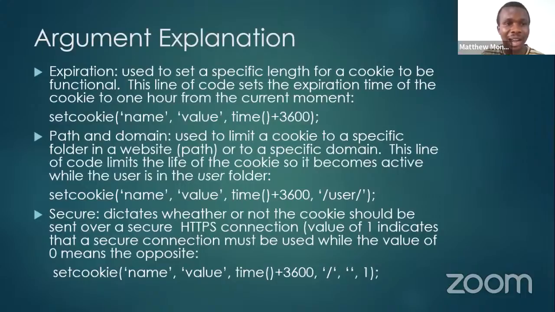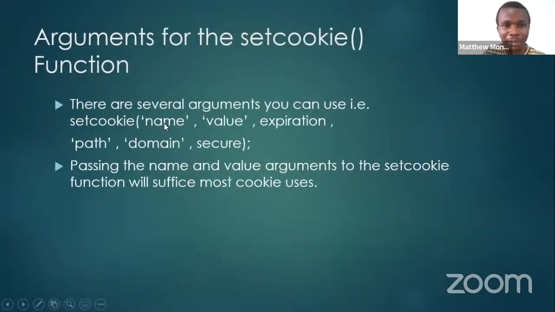So all of these things are what we use to describe the cookie when we are trying to create it. And like I said earlier, the cookie is created using the setCookie function, which has the name, the value, and the third argument is an array.